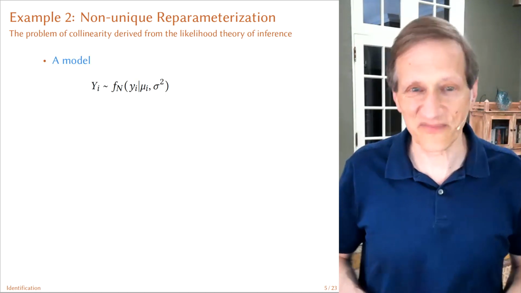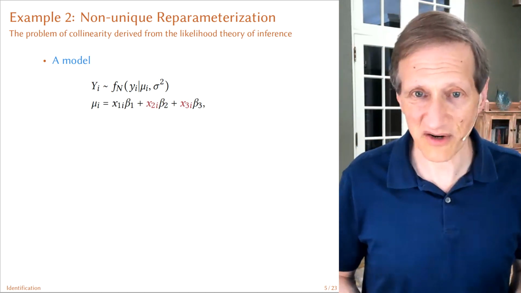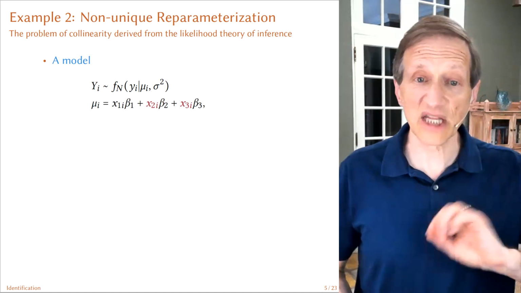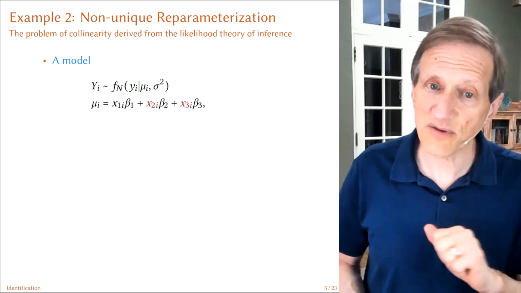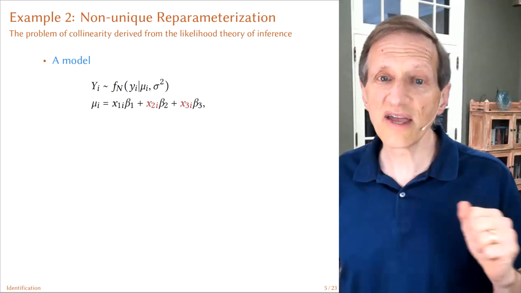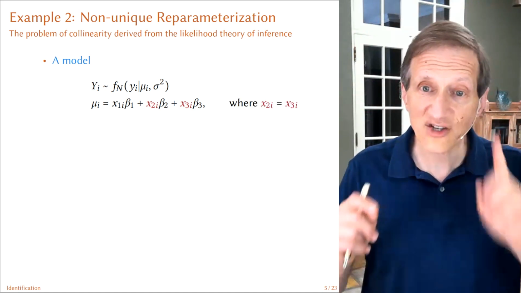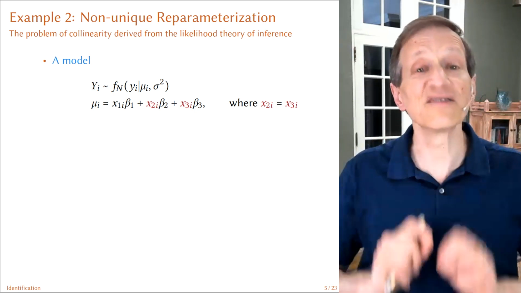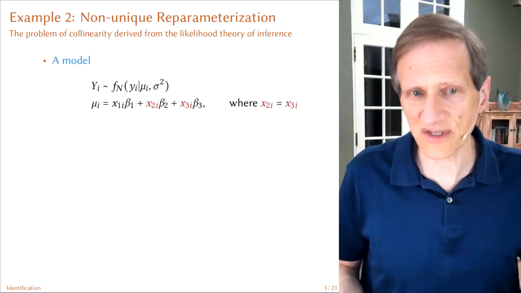So here's a model. Y is normal, just like in a regression model, mean mu, variance sigma squared. And then I'm going to have a linear function. So mu of i is equal to a linear function of x1 beta 1, x2 beta 2, x3 beta 3. Okay, no problem, except x2 and x3 I'm going to say are the same. So obviously they're perfectly collinear because they're exactly the same variable.